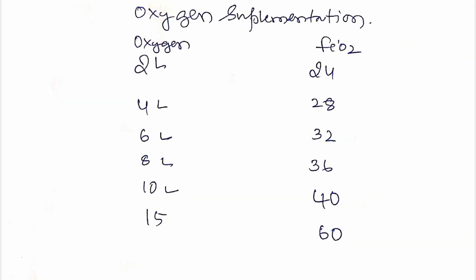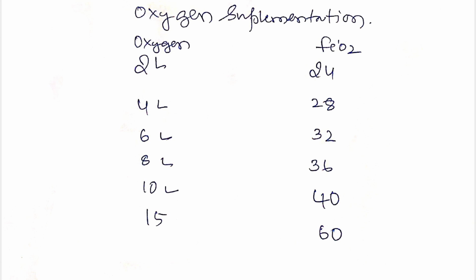So how can we use it? Normally we breathe in 21% oxygen, the remaining being nitrogen. The 21% oxygen we can increase to 60%, 80%. How? If you give 2 liters of oxygen through the mask, it will go to 24% FiO2. If I give 4 liters, it goes to 28% FiO2.